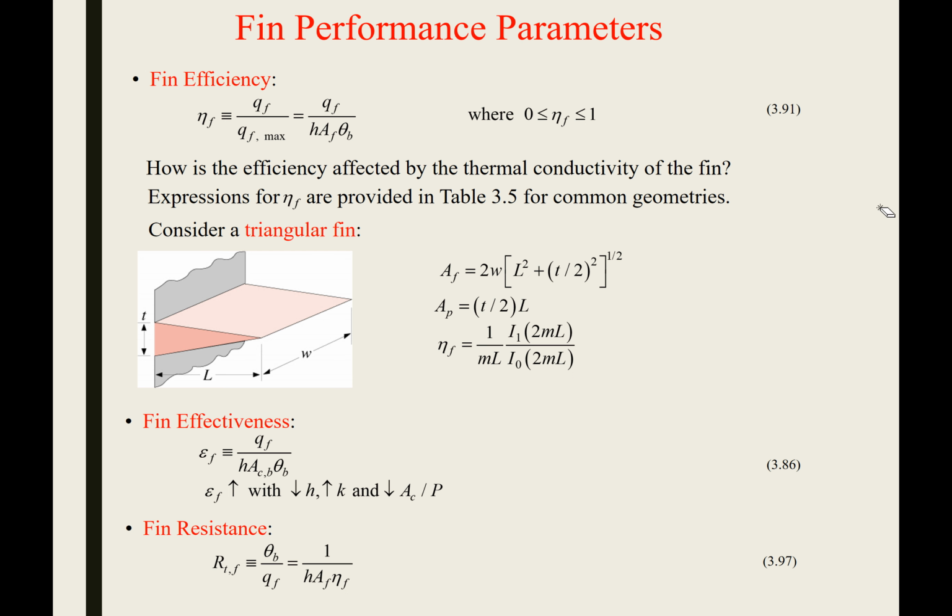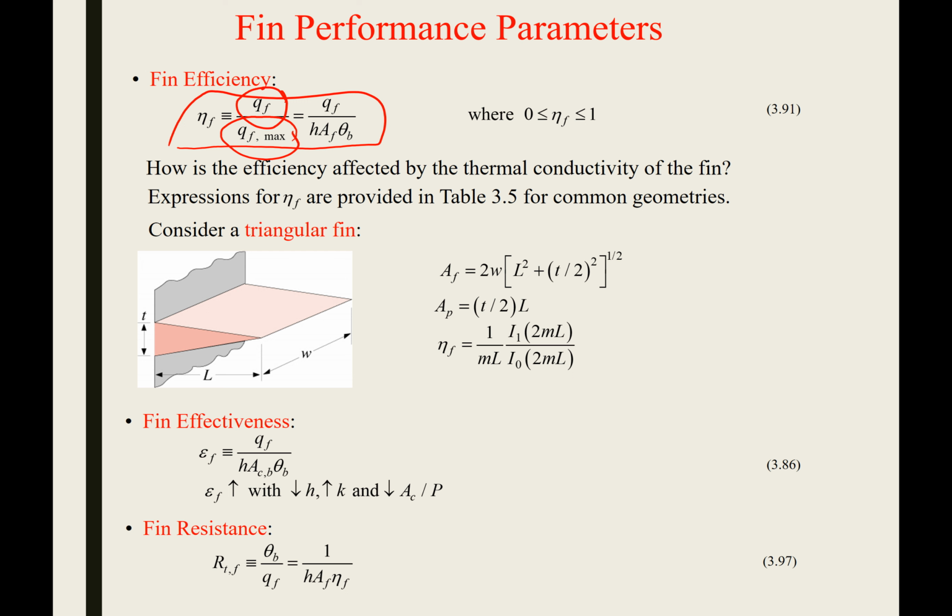So we define something called the fin efficiency. We're using this Greek symbol eta. Eta sub f just means the efficiency of the fin. That's defined as the amount of heat that actually goes through your fin divided by the amount of heat that would go through your fin if 100% of it were just equal to the base temperature.